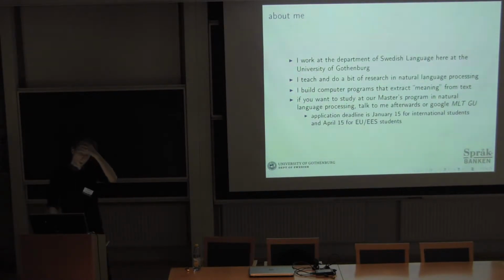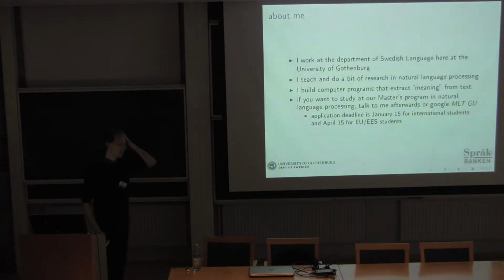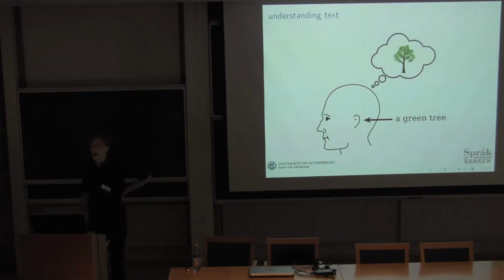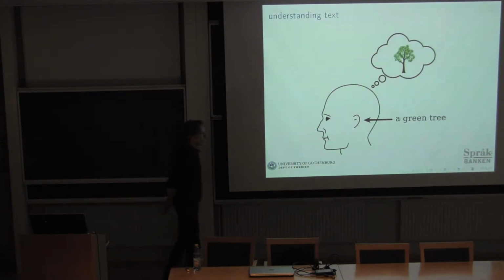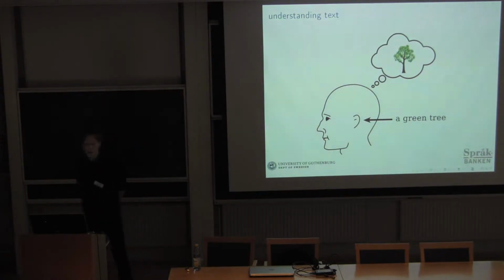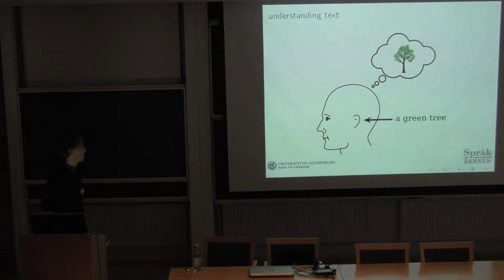So the talk is about the meaning of words, but what do we actually mean when we say that a word has a meaning? Naively, when we say that humans understand, we typically have something like this in mind. A human will hear something said, for instance, a green tree, and then some sort of mental image will be formed in the head of this person.